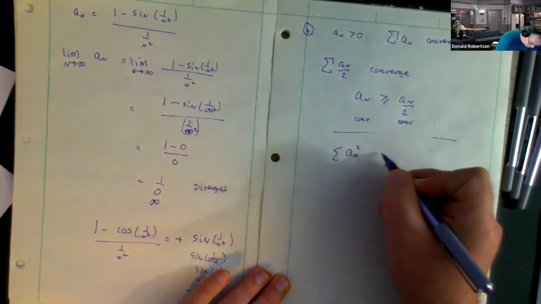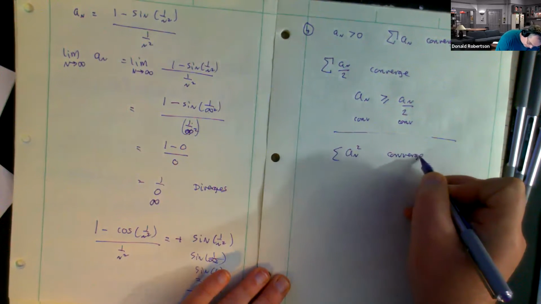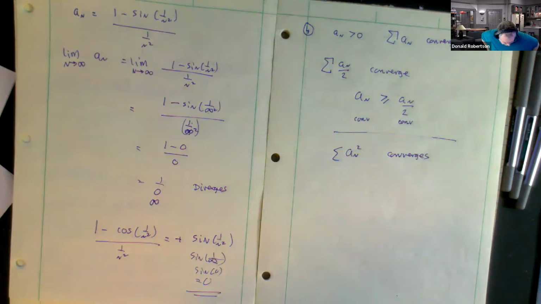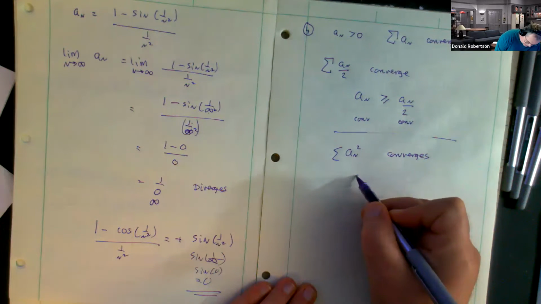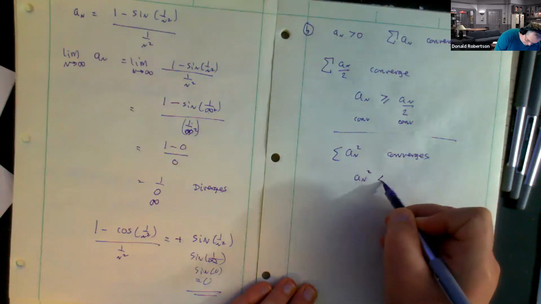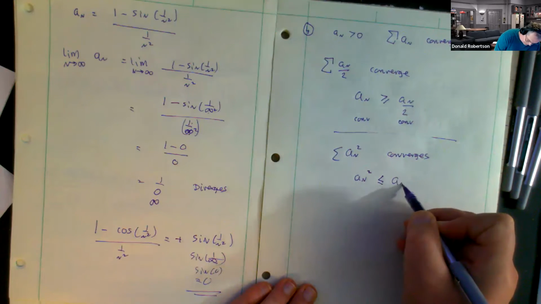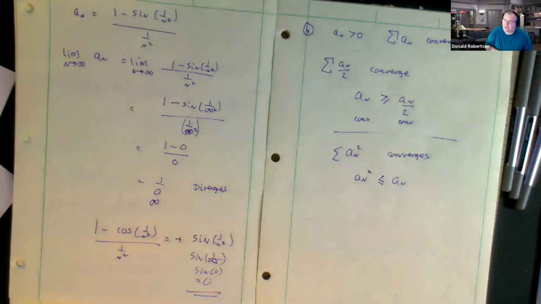Sigma En squared also converges. A little bit harder to argue this one, but I think the logic still works. En squared is going to be smaller than En. Now, when En is a number like 3 and 5, that's not true.